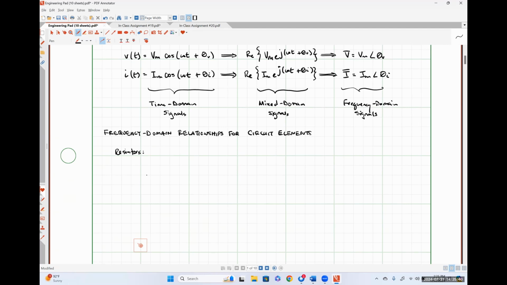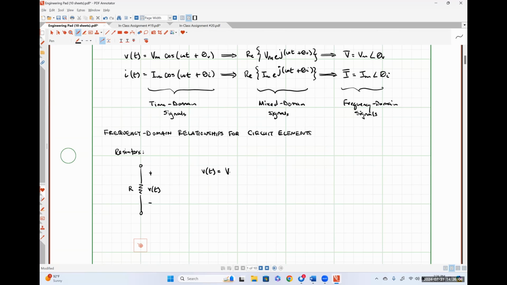So let's say that I have a simple resistor, R, where we have a voltage drop across our resistor V of t. And we're going to say that our voltage in this particular case is a sinusoidal voltage.